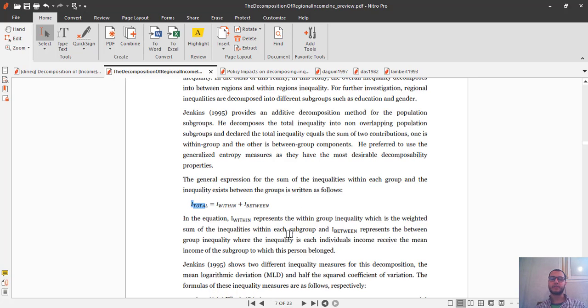The within effect represents the within-group or within-region inequality, which is the weighted sum of the inequality within each subgroup or subregion, and the between effect represents the between-group inequality, where each individual's income is replaced by the mean income of the subgroup to which this person belongs.